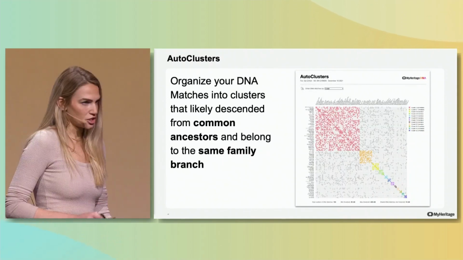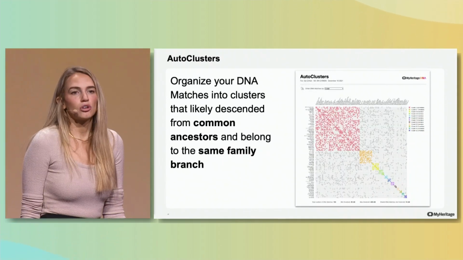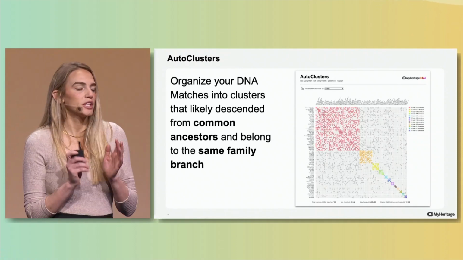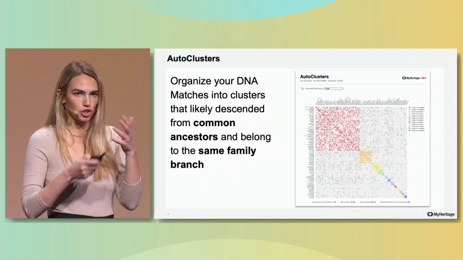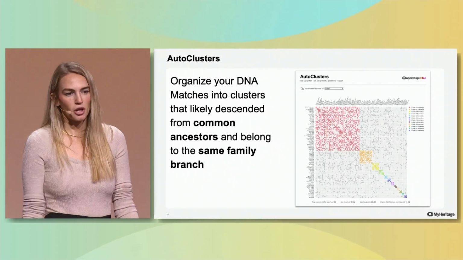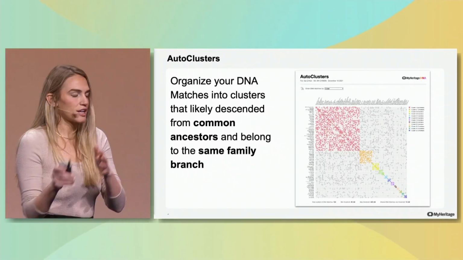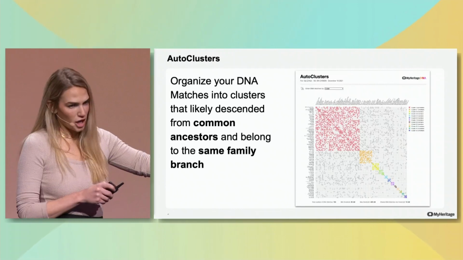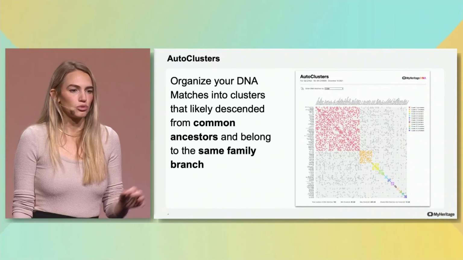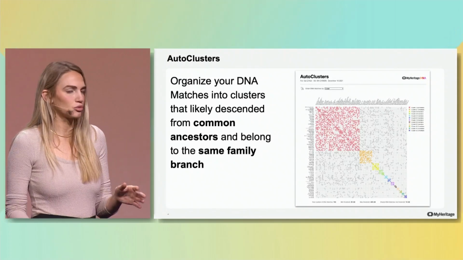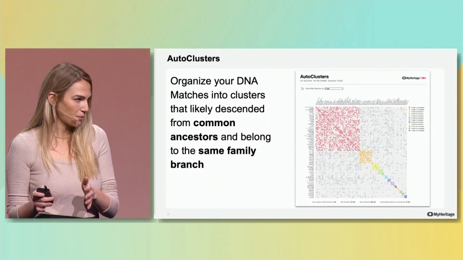What are autoclusters in short? Autoclusters basically organize your DNA matches into clusters of shared matches, of people who share DNA with each other. And each of these clusters, each one of these boxes you see here in different colors, actually points you to a line of a common ancestor, to a specific branch in your family.